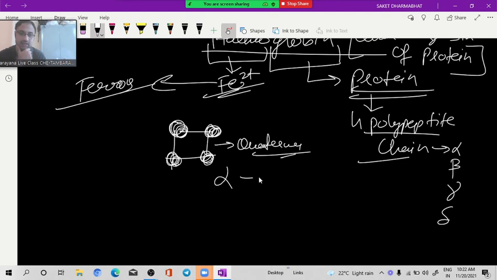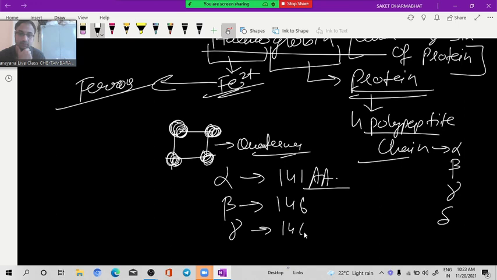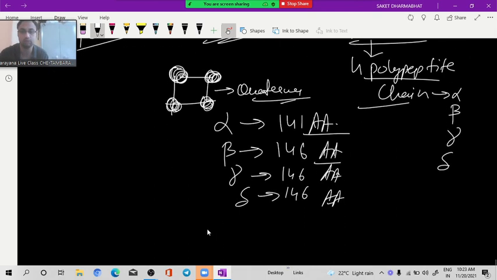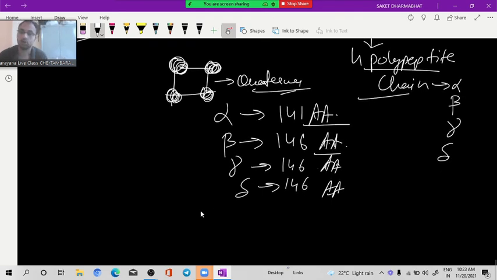Okay, alpha chain contains how many amino acids? 141 amino acids. Beta chain contains 146. Gamma chain contains 146. Delta chain contains 146 amino acids. Except alpha, all are containing what? 146 amino acids. Okay, three types of hemoglobin are there.